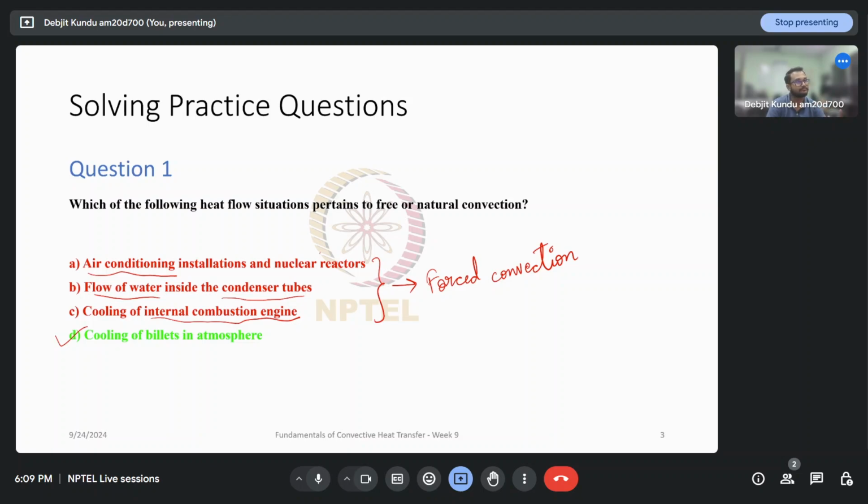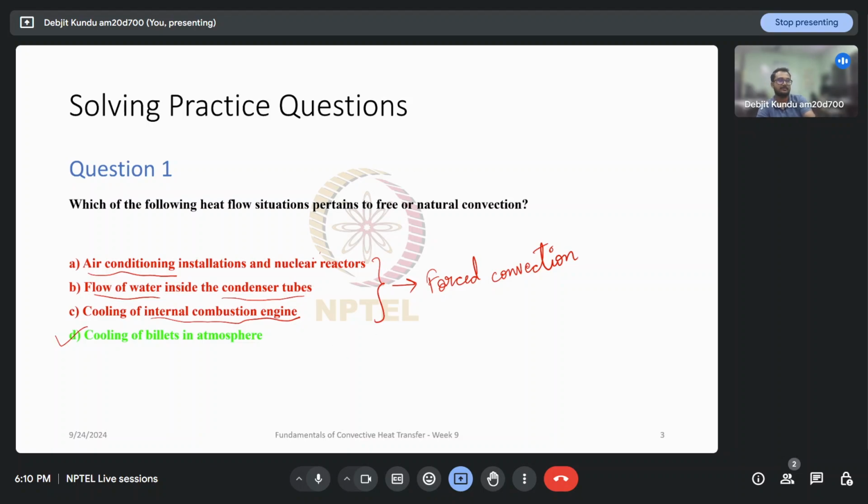So there is a specific coolant which is pumped across multiple areas surrounding the combustion chamber of the engine. There is also very much of a designed and forced convection that goes on. Only while cooling of billets in atmosphere.